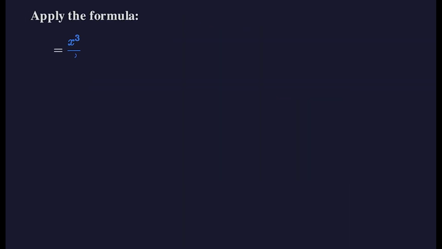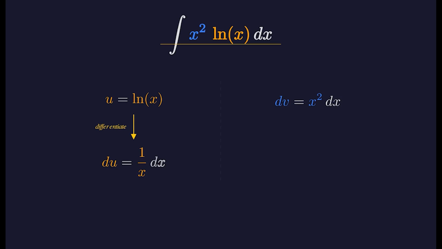As you can see, when we apply the formula uv minus the integral of v du, we get x cubed over 3 ln x minus the integral of x cubed over 3 times 1 over x dx. Now, key point there, we set u equal to ln x from the get-go, which meant that du is equal to 1 over x.